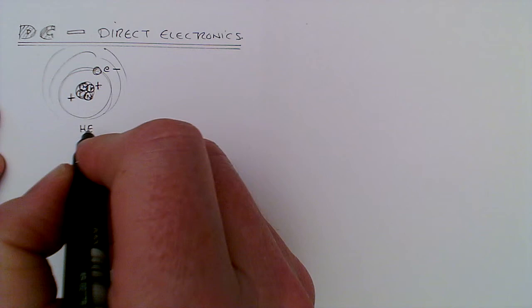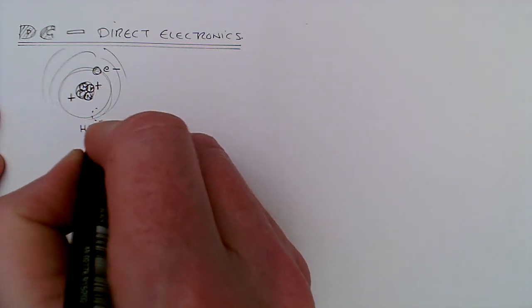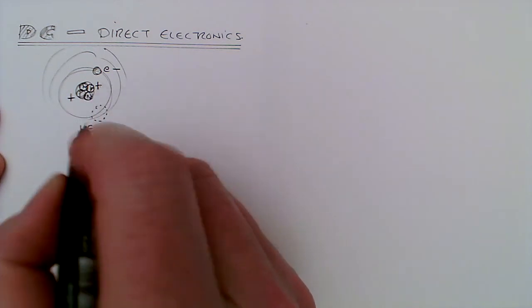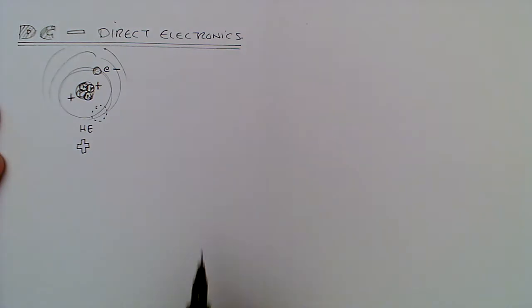Now we've got 2 positive charges, and we've got a negative charge here. I want you to imagine for a second that instead of having an electron, we've got a hole. That means that this helium atom is left positively charged, like so.